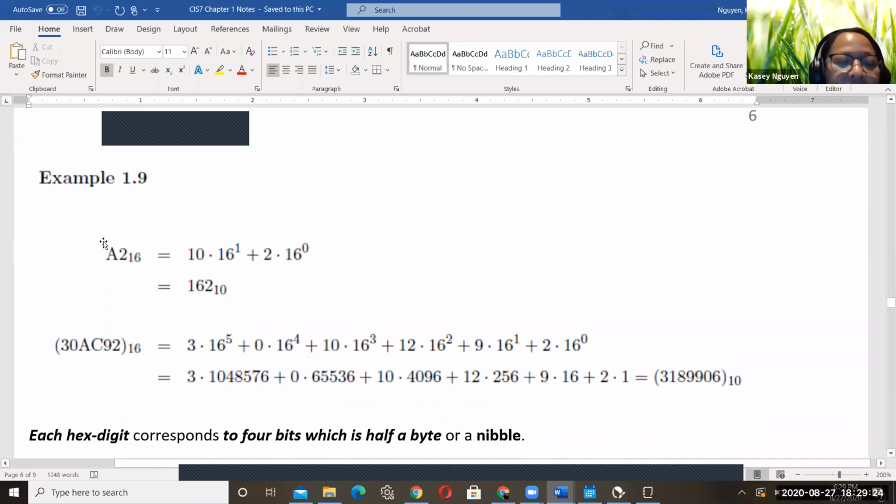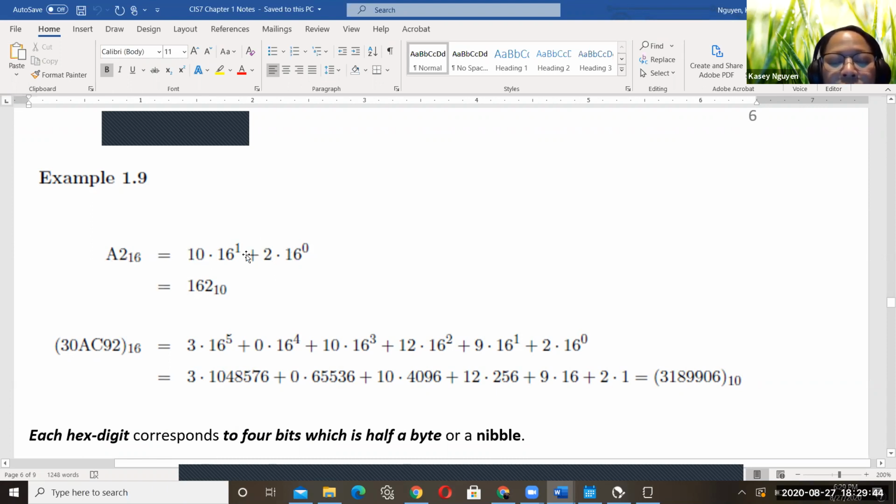Then, if we take a look at this example, you have A2, and this is in hexadecimal because it has a subscript 16. This little 16 here tells us that it is a hexadecimal number. And we know that A's equivalent in decimal is 10, and 2 is 2.